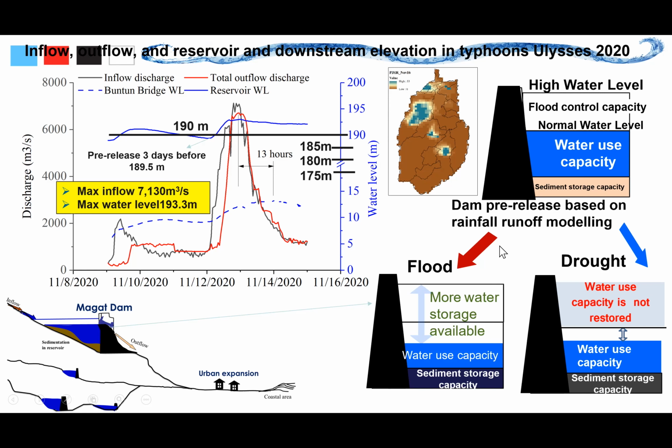In such a case, the dam pre-release is important and should be linked with high accuracy of rainfall prediction, in order not to lose the water during droughts, or to keep a high water level. And then if you receive too much water, flooding will occur.